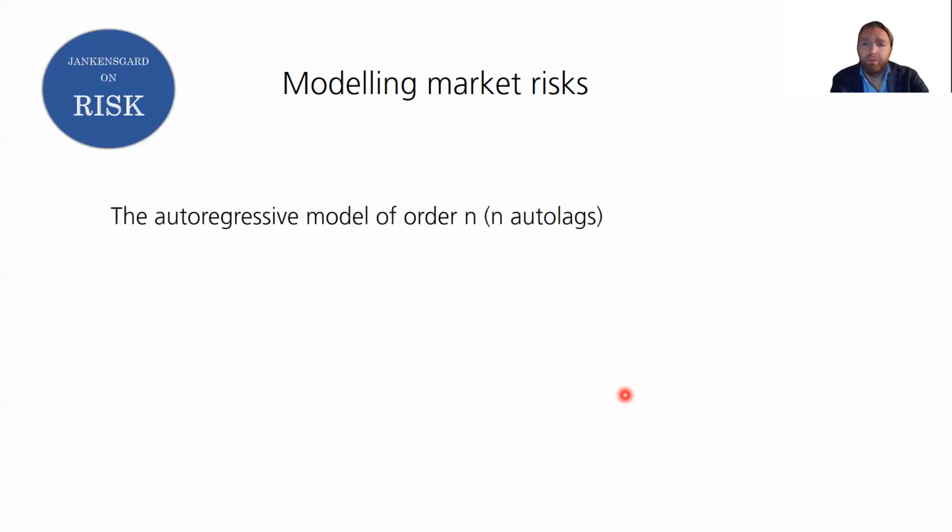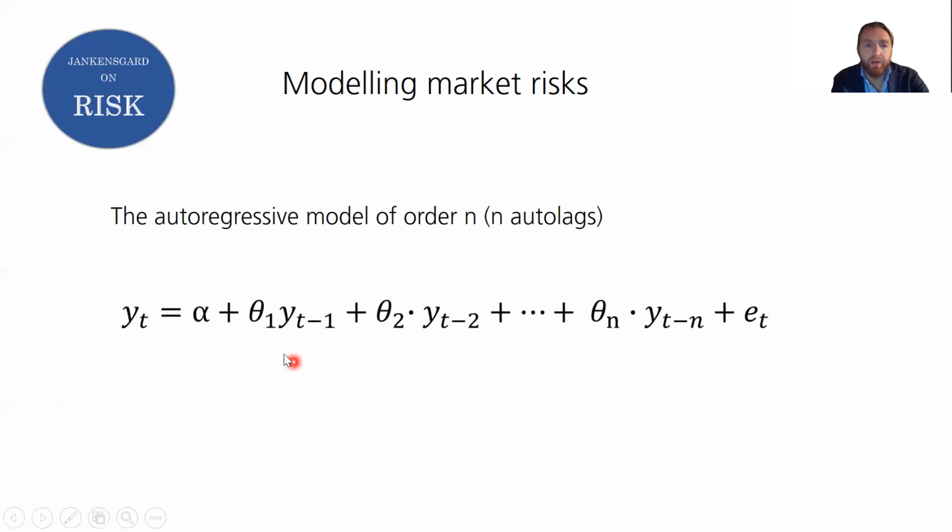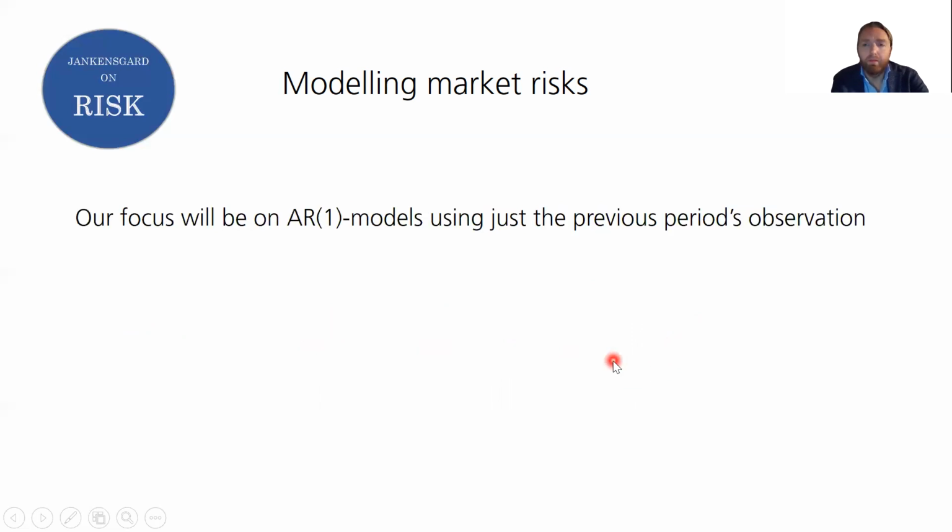You can include many past values, many lags, so that you're predicting this y at time t as a function of its own value one period ago, and this is lag 2 periods, and many more are possible to include, right? That way we incorporate recent market information into the forecast.